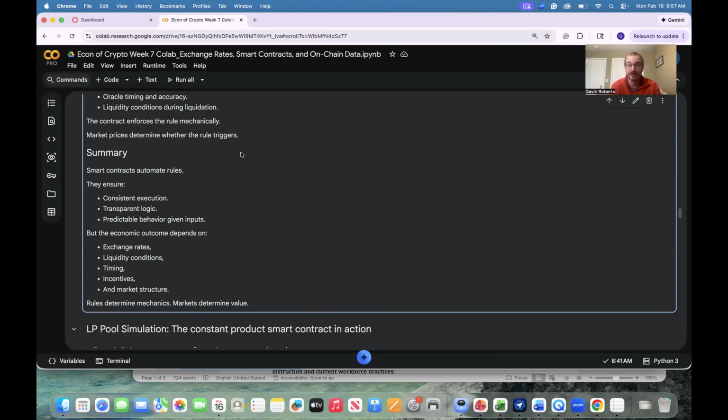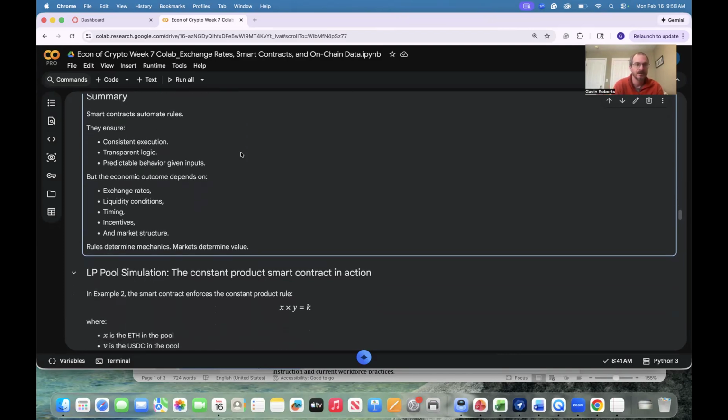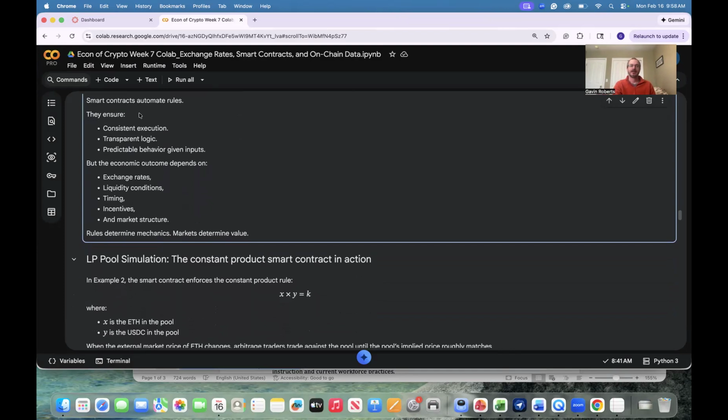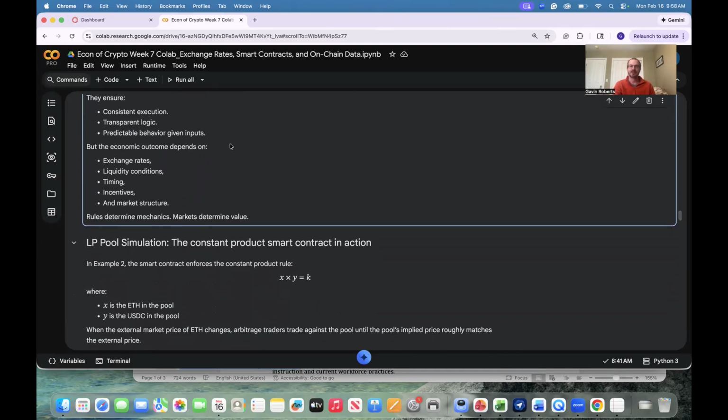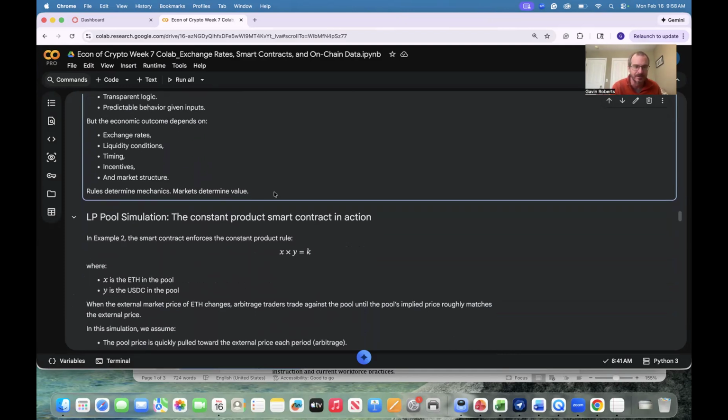Liquidity conditions can matter a lot too. If there's not a lot of liquidity, and people are trying to sell out of some of these positions, if they're not liquid positions, that could become a risk issue as well. So just a general summary of smart contracts. Smart contracts automate rules. They ensure consistent execution, transparent logic, and predictable behavior given inputs.